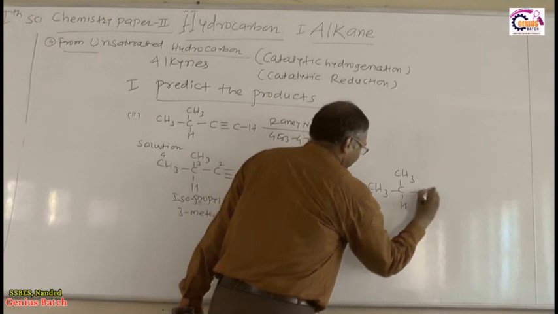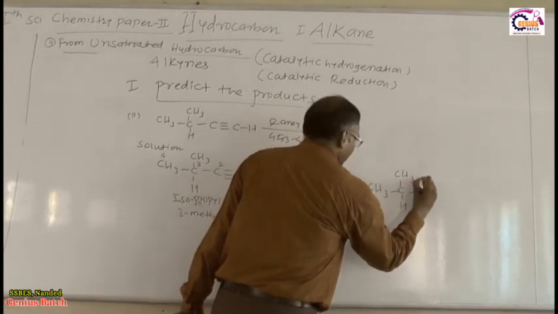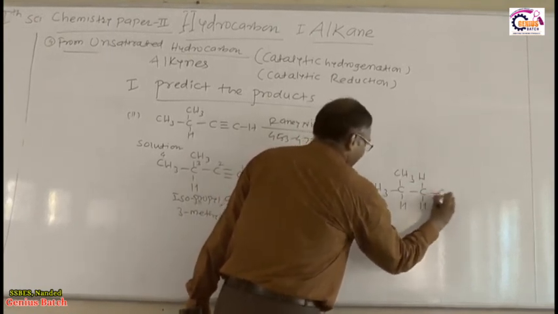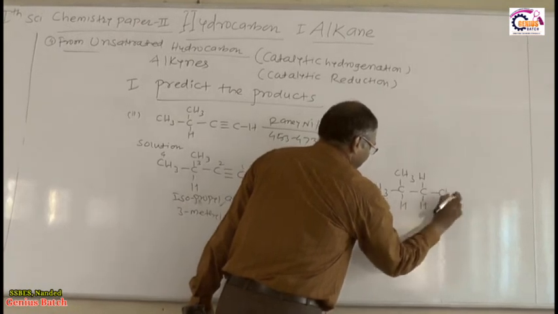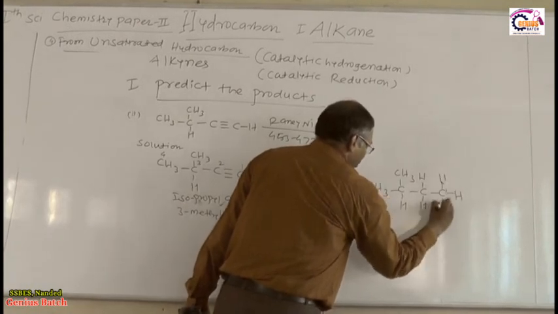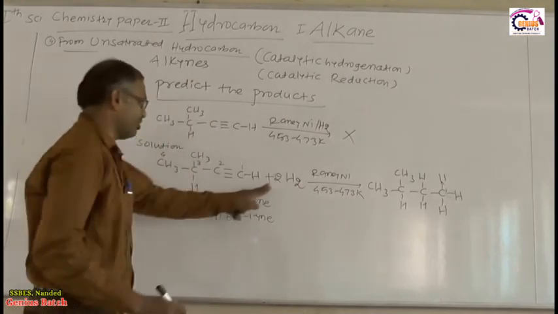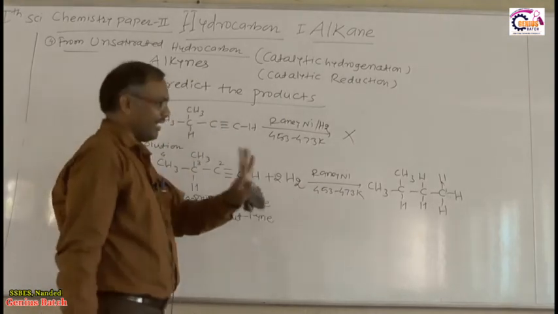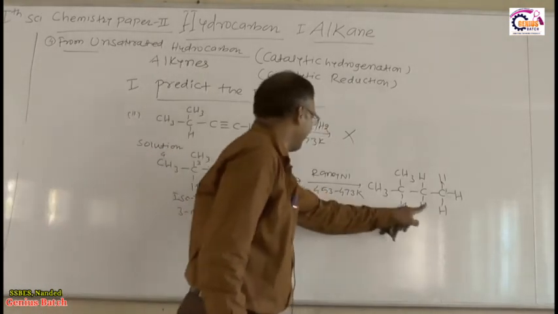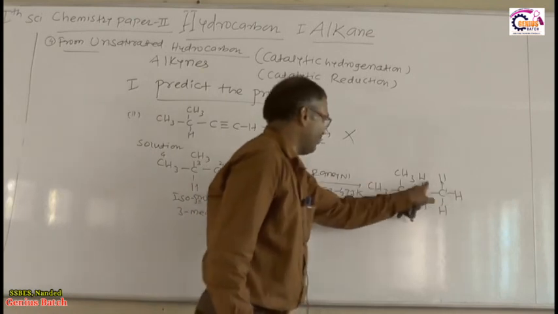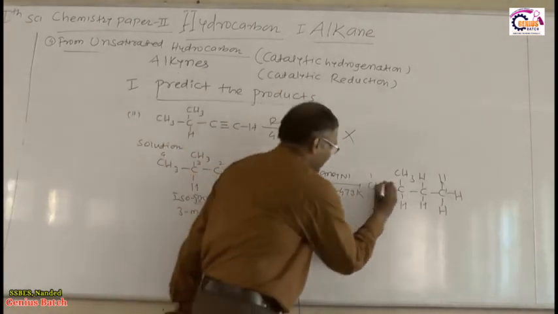So this is the H, then this is the H, H carbon and this 1 hydrogen, then these 2 hydrogen. 2 molecules means how many hydrogen atoms? 4: this 1, this 2, this 3, 4. 4 hydrogen atoms are added. So what is the IUPAC name?